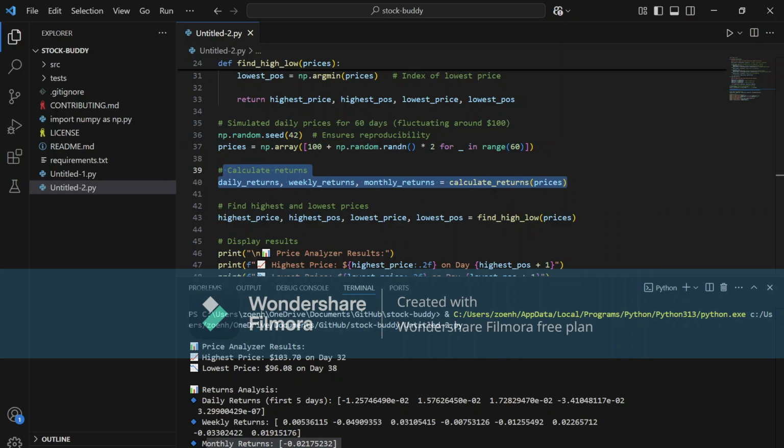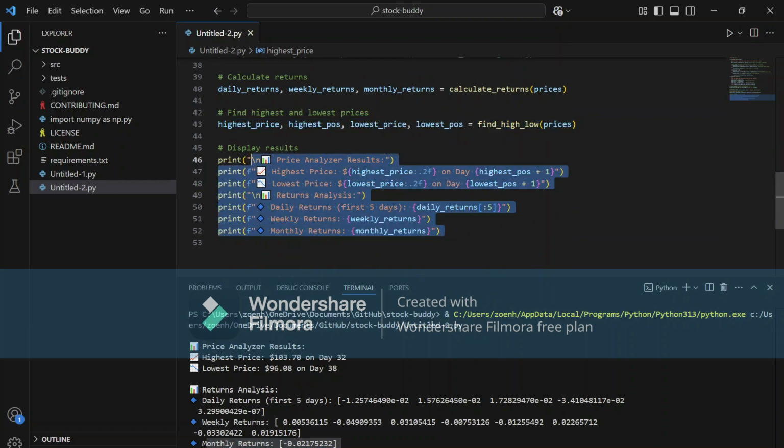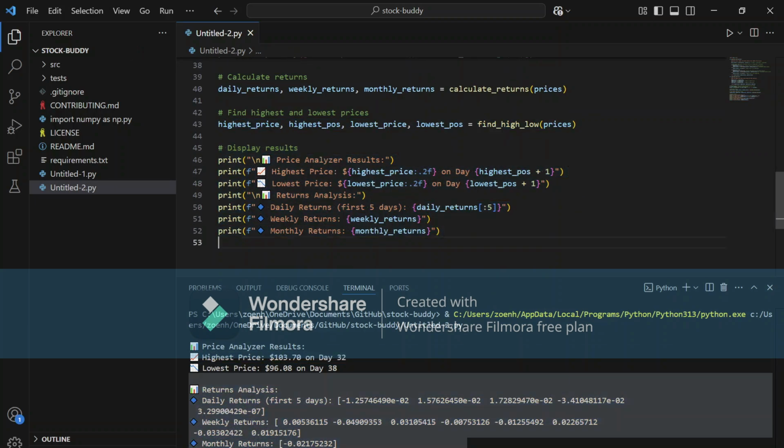So this calls to find daily, weekly, and monthly returns, and this one here calls to find the highest and lowest prices. And then we want to have everything printed out so we can see it at the end down here in the terminal. And so that's why we have all of our print functions here, and they're indicated by F strings for any sort of decimal or anything going on there.